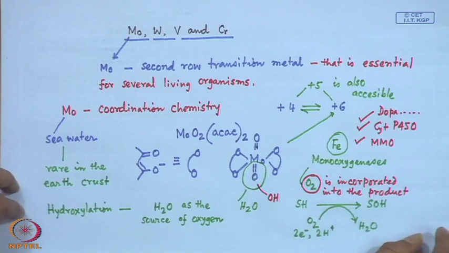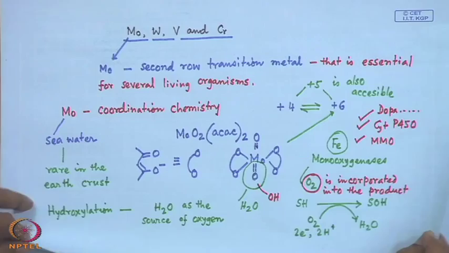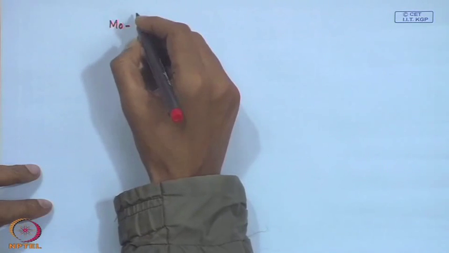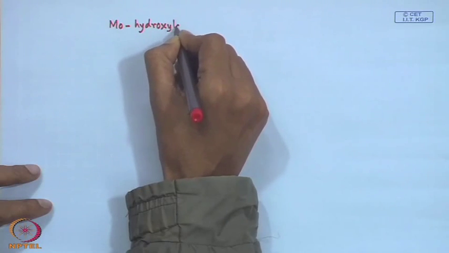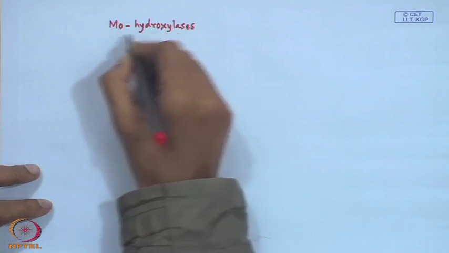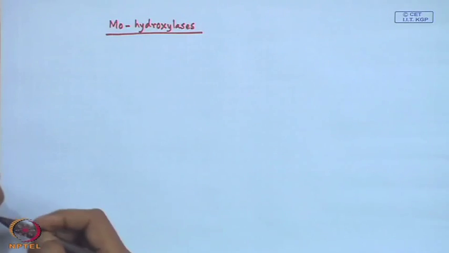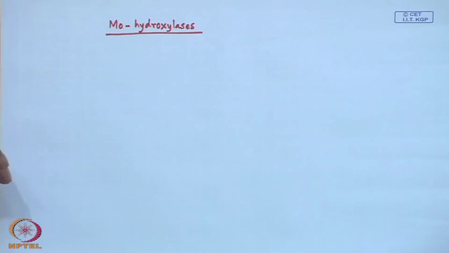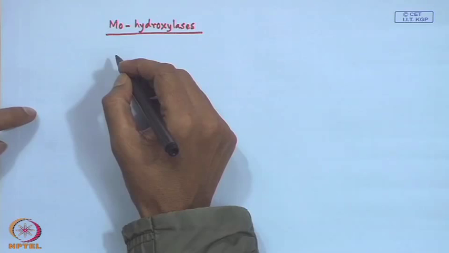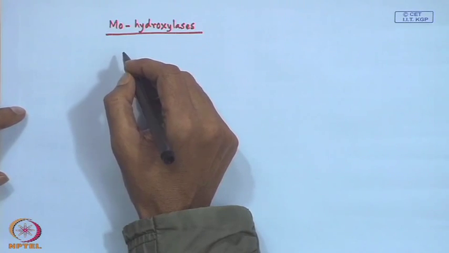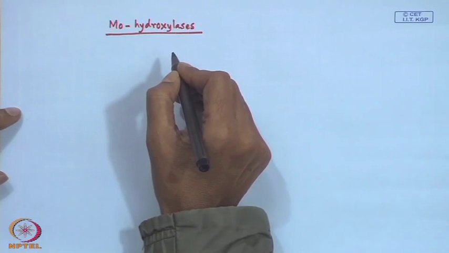So, this particular class of molecules we will call molybdenum hydroxylases, which are therefore different from our iron monooxygenases, and they are basically responsible for the introduction of an OH function on carbon.